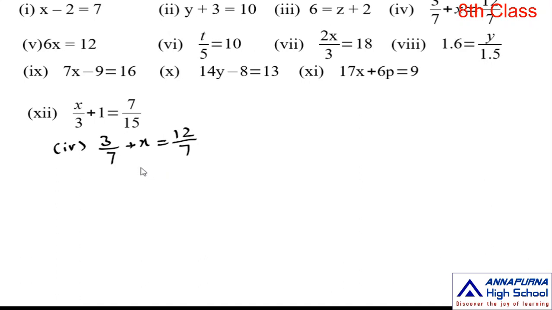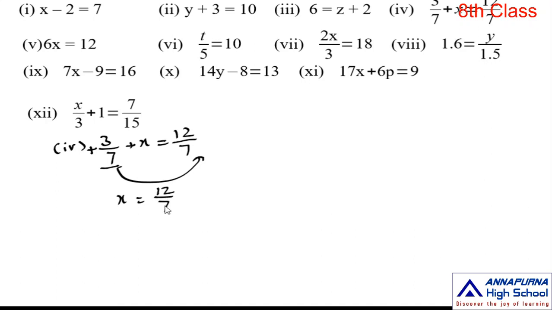So be careful. Okay. Now solve this equation. 3 by 7 plus x is equal to 12 by 7. Yeah, the variable term is present on the left side. Now transpose this 3 by 7 to the right side. So 3 by 7 has no sign, which means it has a plus sign. So plus 3 by 7 transposed to the right side becomes minus 3 by 7.